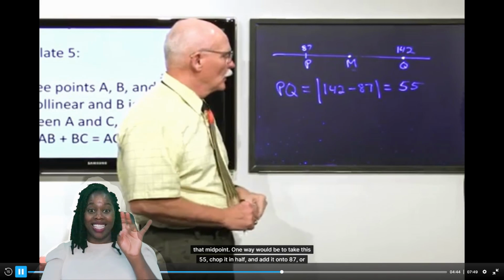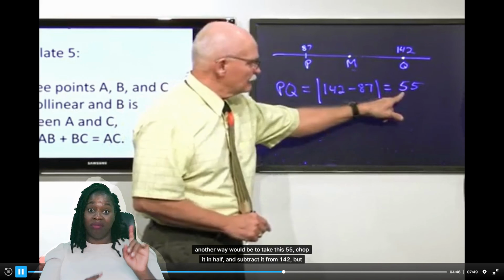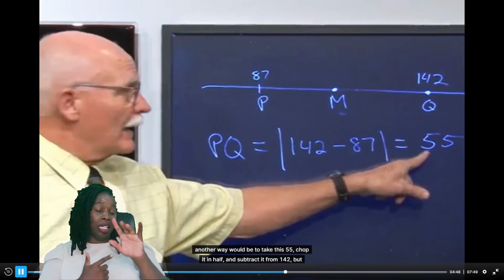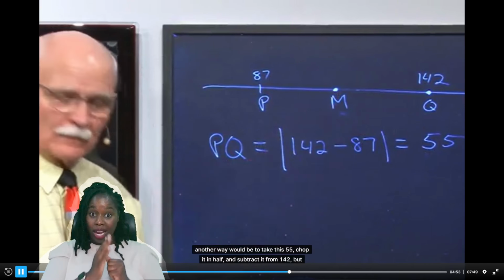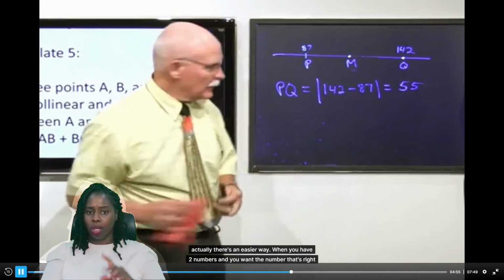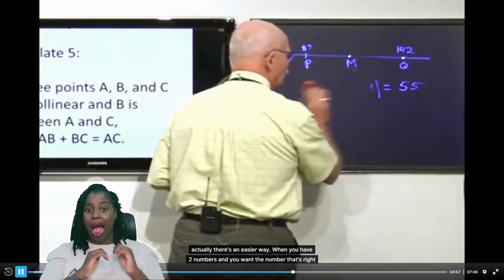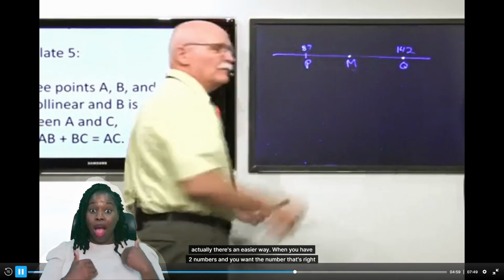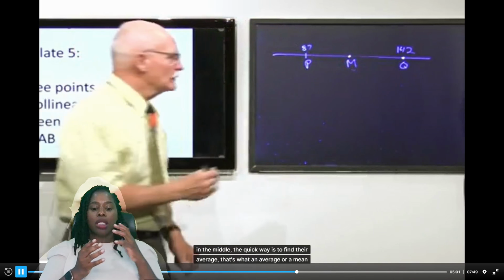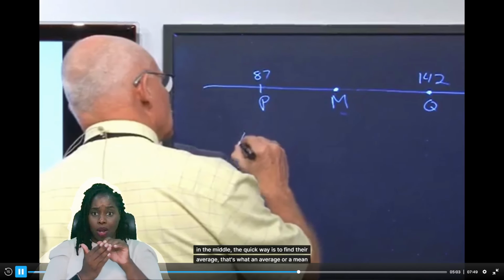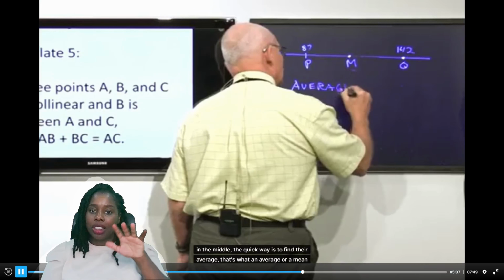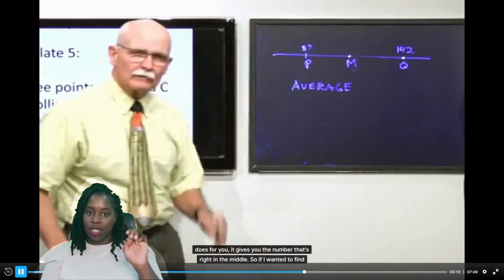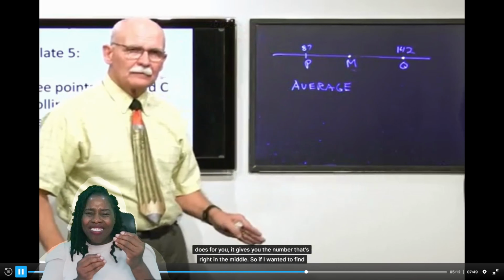Okay? Or another way would be to take this 55, chop it in half, and subtract it from 142. But actually, there's an easier way. When you have 2 numbers and you want the number that's right in the middle, the quick way is to find their average. That's what an average or a mean does for you. It gives you the number that's right in the middle.